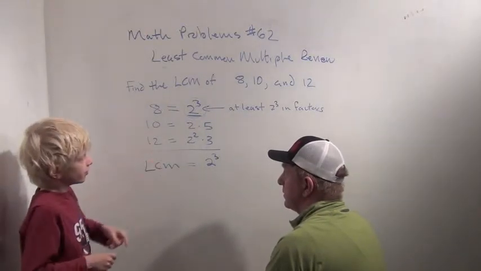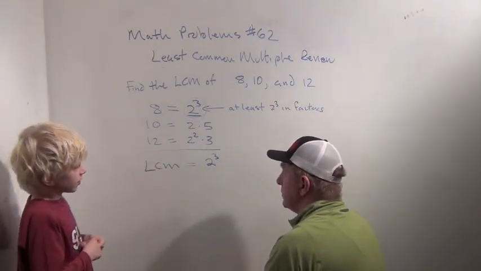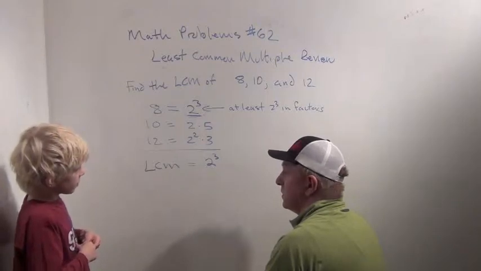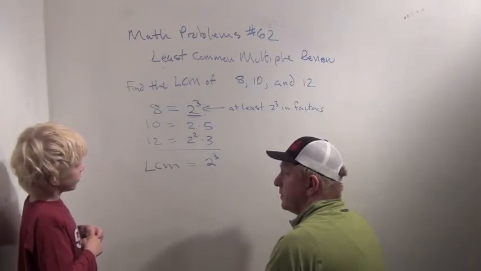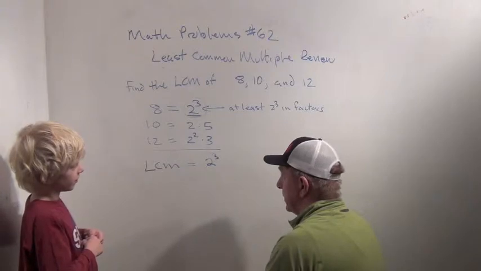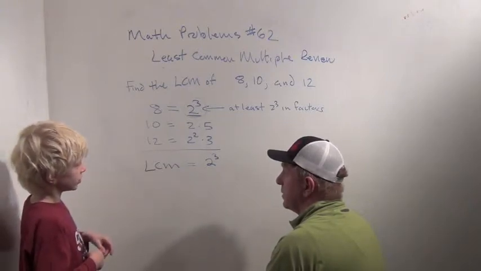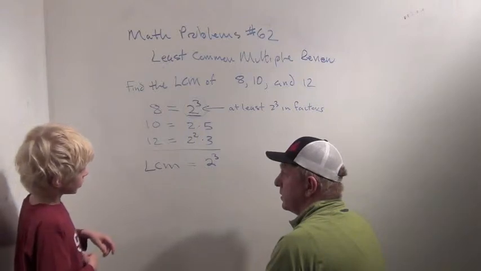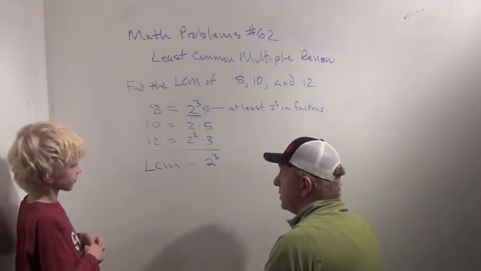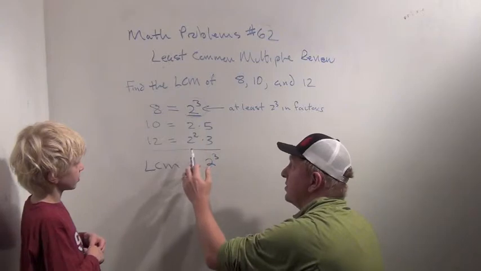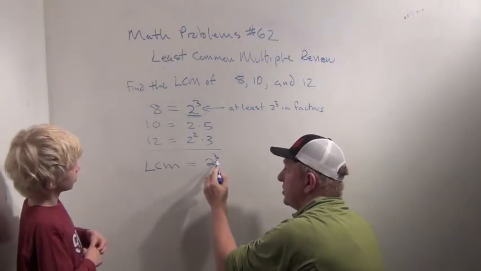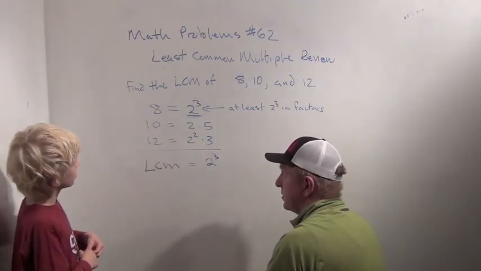In 10 there's a 2 times 5. But we also have a couple more 2's. Okay, well, let's stay with the 2's then. If it's divisible by 2 cubed, is it also divisible by 2?